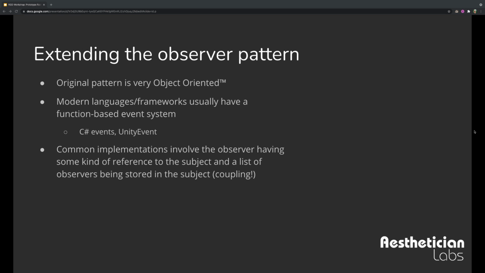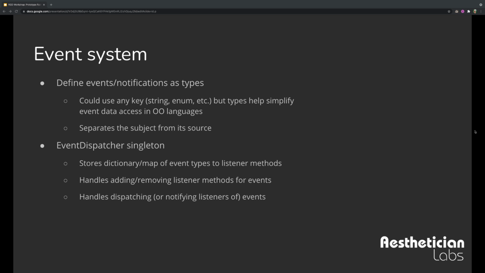So what if we made the event the subject rather than the source of the event, right? In the way that I usually implement this, we say that our events or notifications are a type or a class, right? We could use anything like a string or an enum or whatever, but types help simplify the data access.